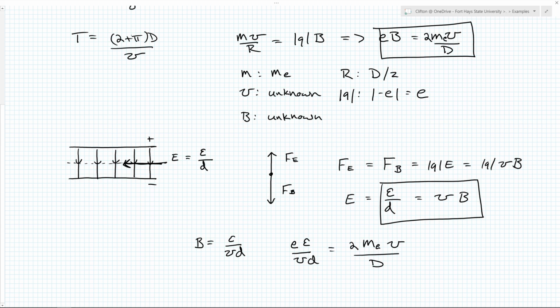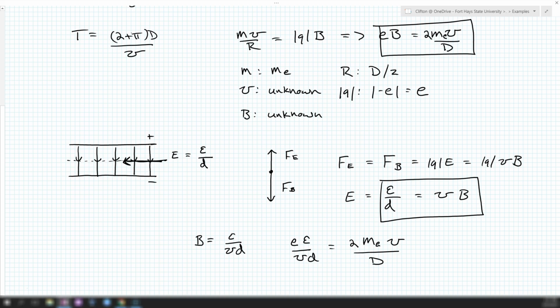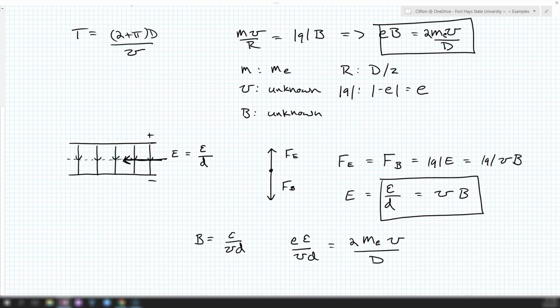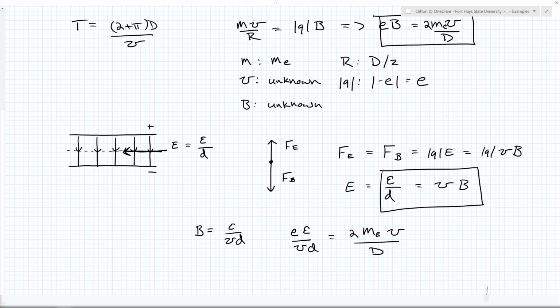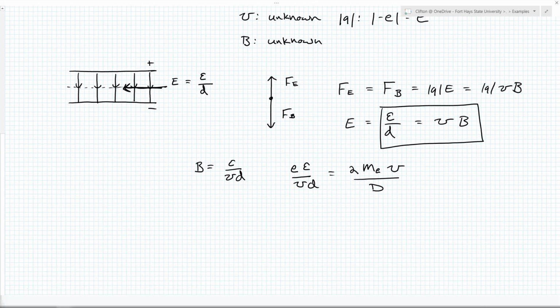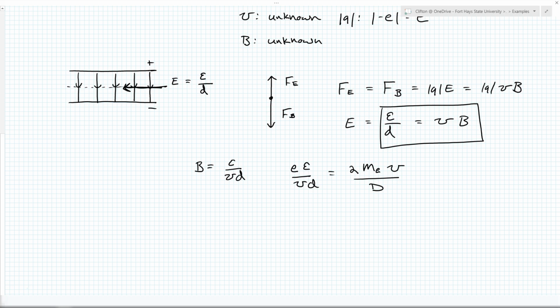Now I have one equation and one unknown, the velocity. So I just need to solve for the velocity. So I'm going to move the velocity to the right-hand side and move everything else to the left-hand side.